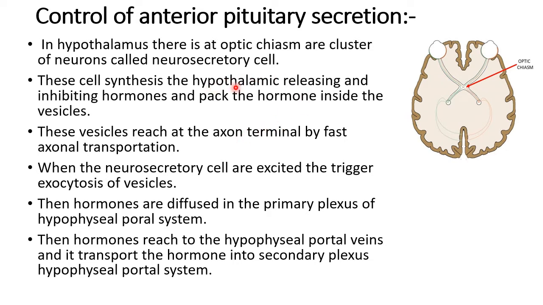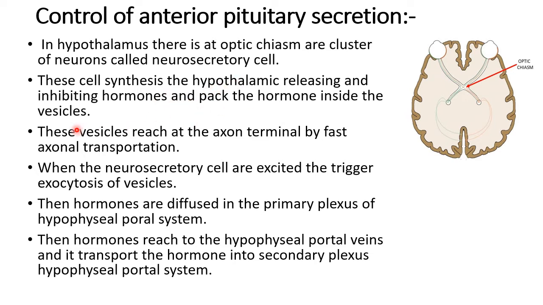These are the hypothalamic releasing hormones, and the two inhibitory hormones are growth hormone inhibiting hormone and, second, prolactin inhibiting hormone. These are the hormones that are secreted by the hypothalamus.